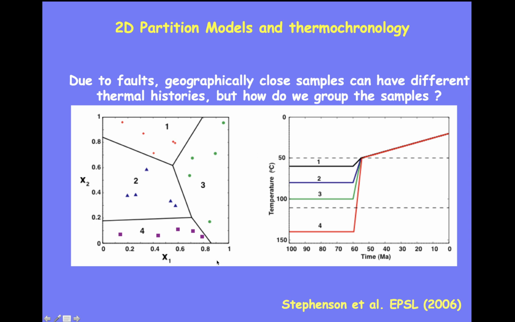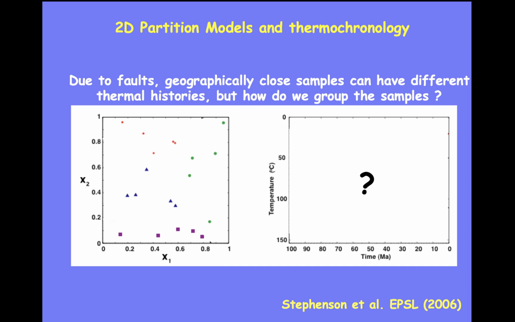We produce synthetic data from those thermal histories. Then we say, let's remove that knowledge: we don't know where those different partitions are, we don't know how the samples are grouped, and we don't know the thermal history. So the problem is how do we group the samples together and at the same time infer the thermal history?